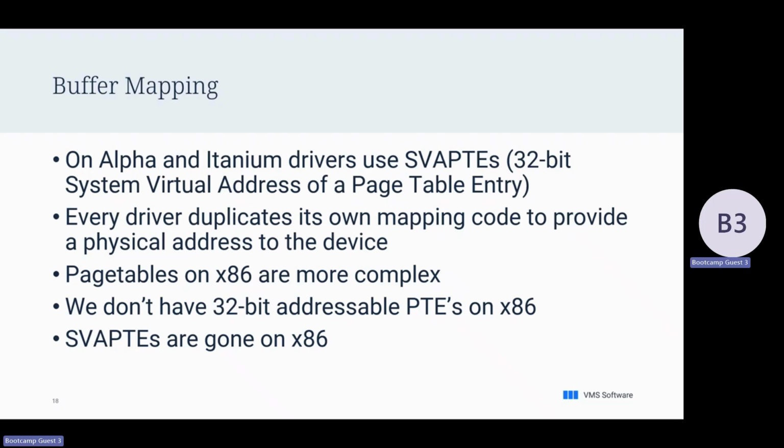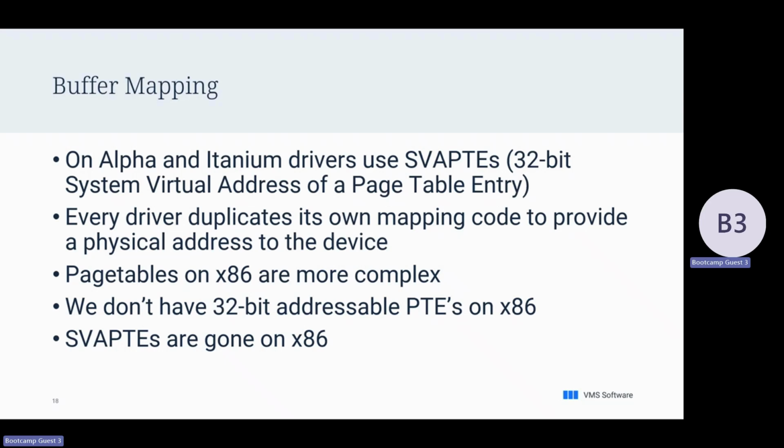So for x86, well, first of all, the page tables on x86 are a bit more complex because we take 2 physical pages and map them into a single virtual page. The page table format doesn't provide for some of the bits that we would like to see in page tables.